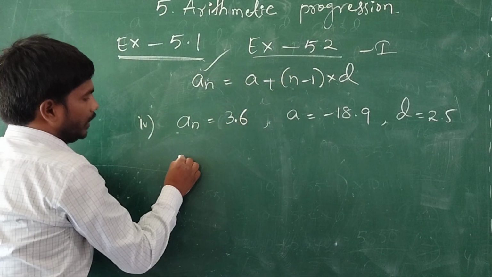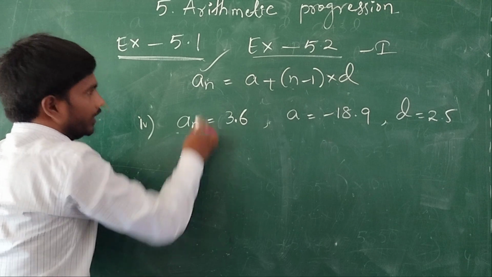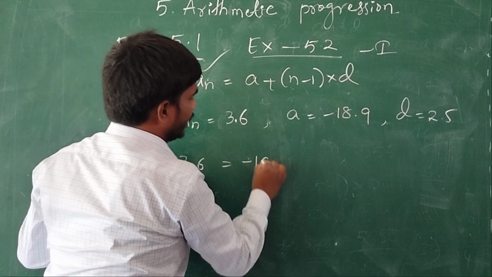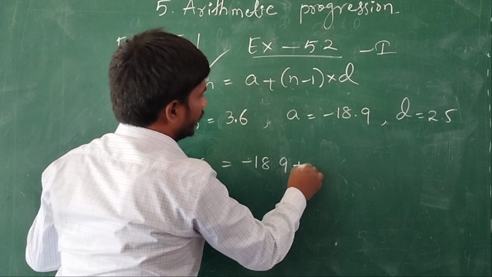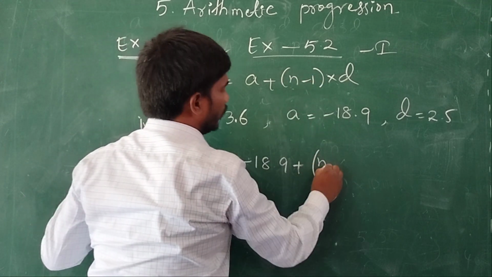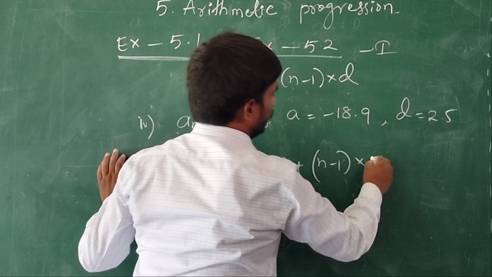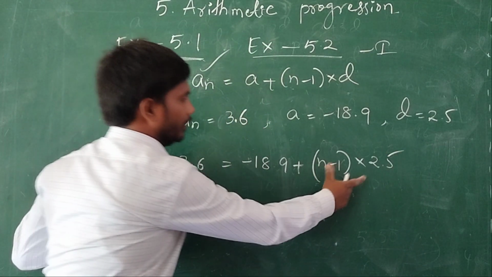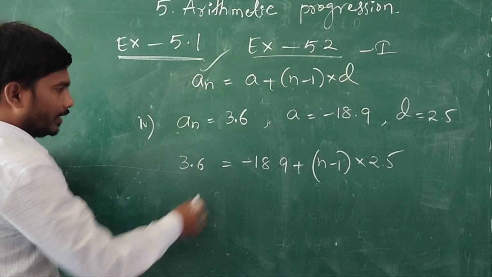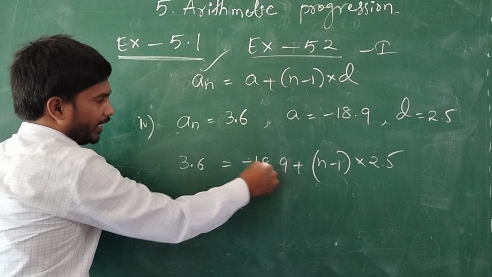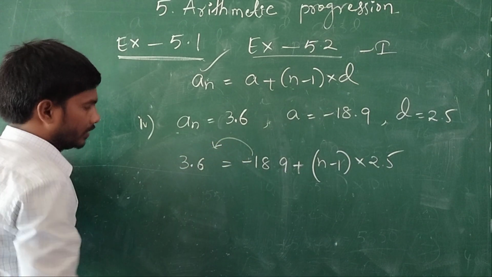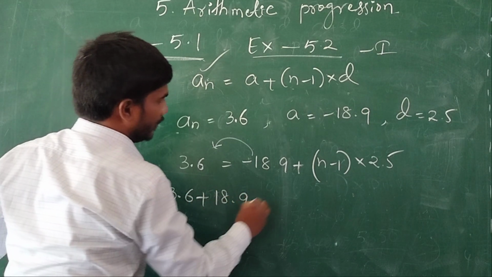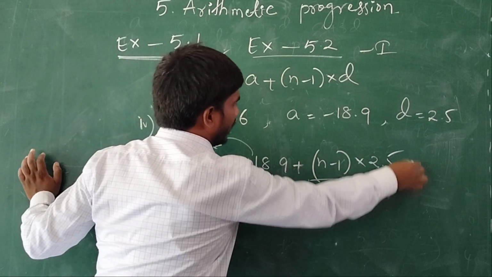So an value 3.6, directly in the formula I am writing the an value 3.6, equals a value minus 18.9 plus n minus 1, since we don't know n, into d value 2.5. So we need this value. For that, bringing minus 18.9 to the opposite side, 3.6 plus 18.9 is equals to. Why are we not taking this one first?